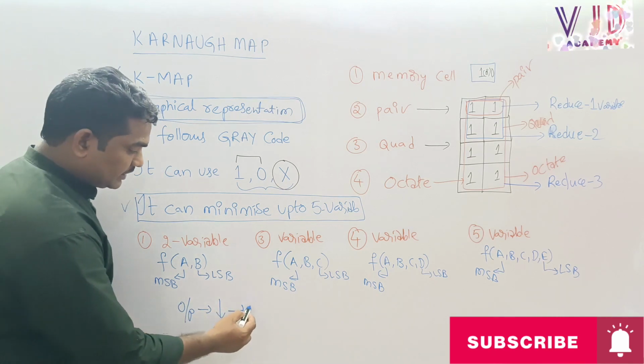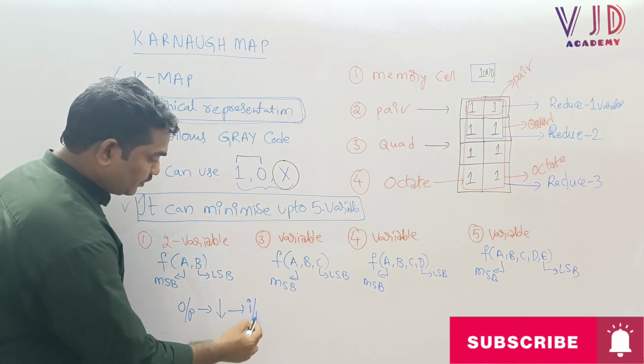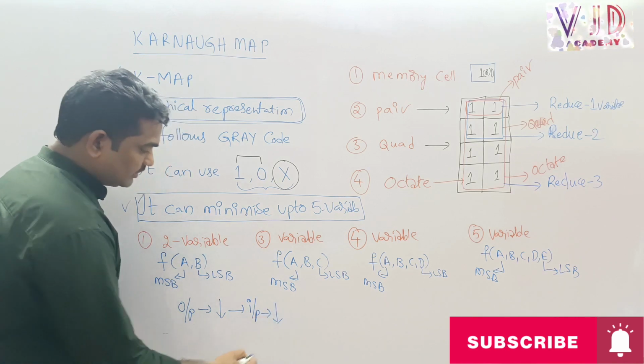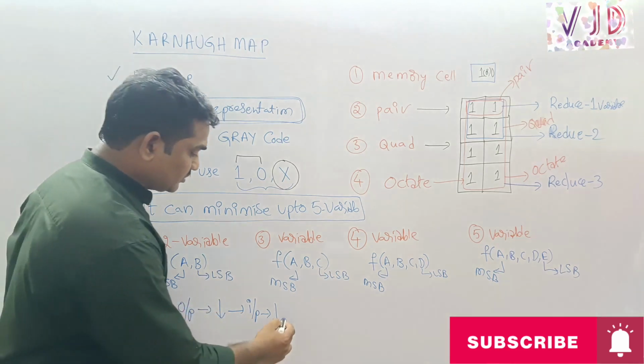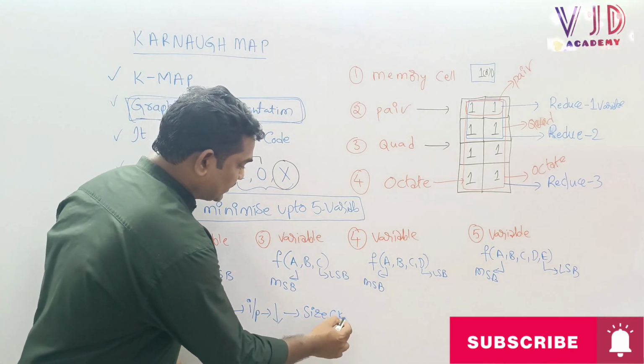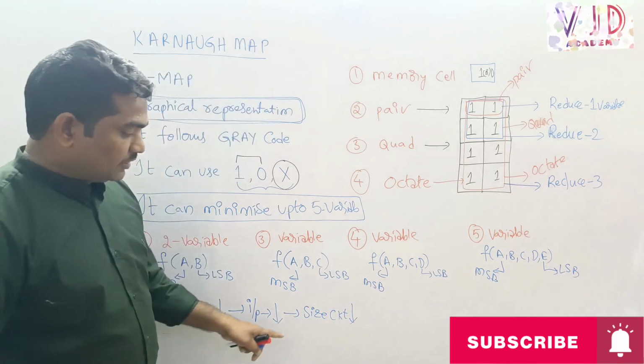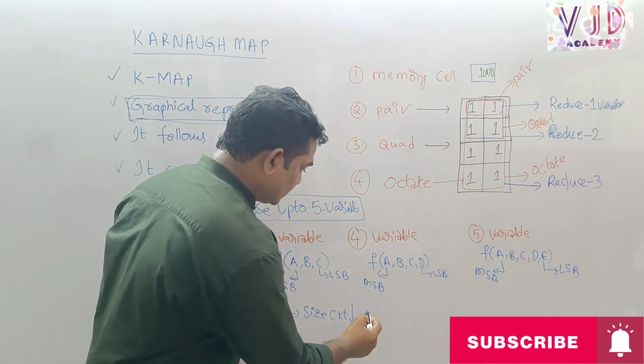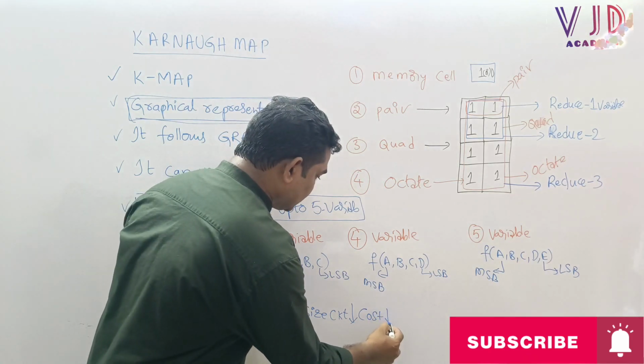The moment this reduction happens, automatically the output logical expression is also reduced, and when the output logical expression is reduced, the number of input requirements is also reduced. If input requirements are reduced, the size of the circuit will be reduced. Once the size of the circuit is reduced, the cost of the circuit is also reduced.